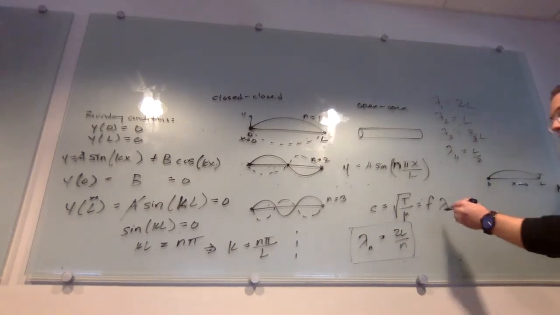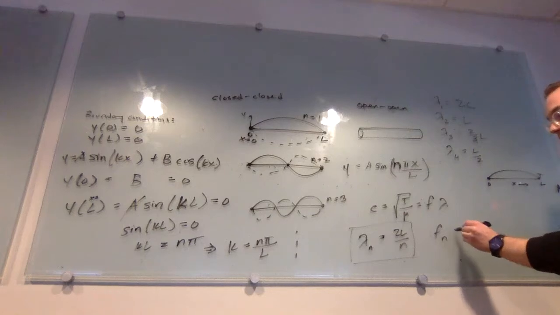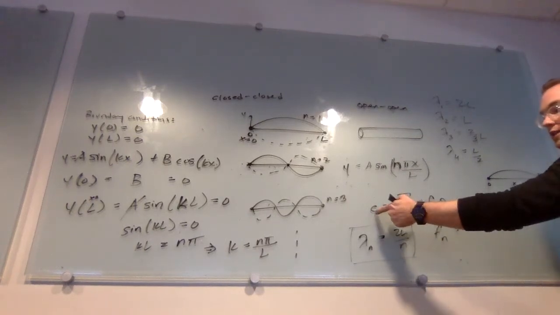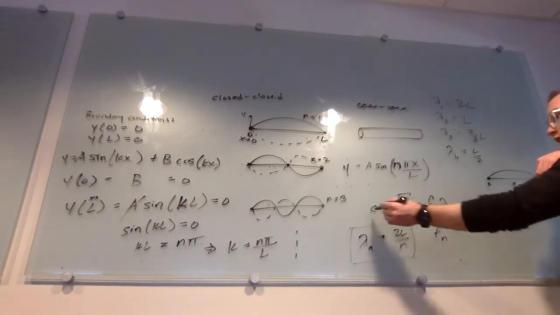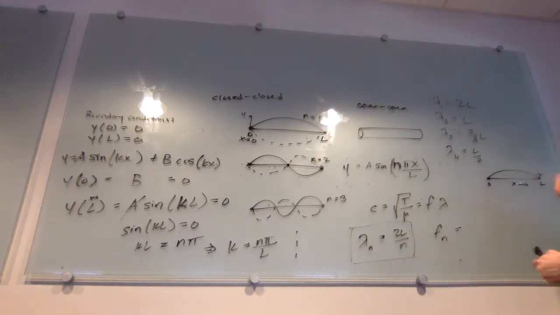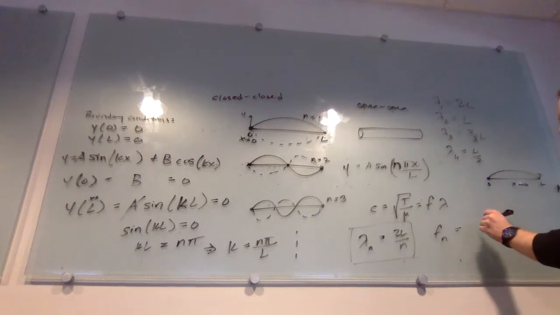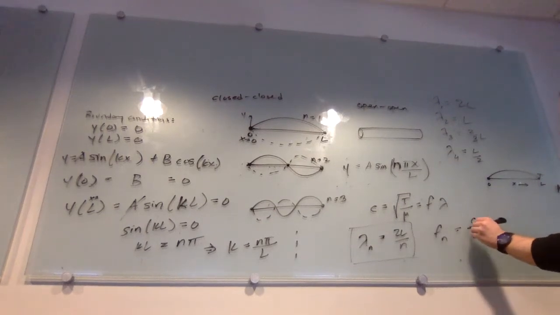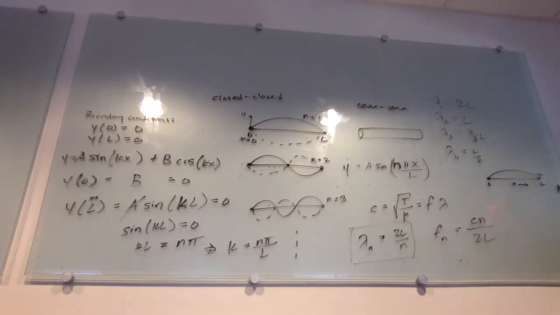And now we could find f of n. Of course, it has to be dependent on n because this is constant. And so I'll just leave it as c. I'm not going to write T and mu. So we get f n equals c n over 2L, right? So if I write it like that, you see that n, remember, is an integer.